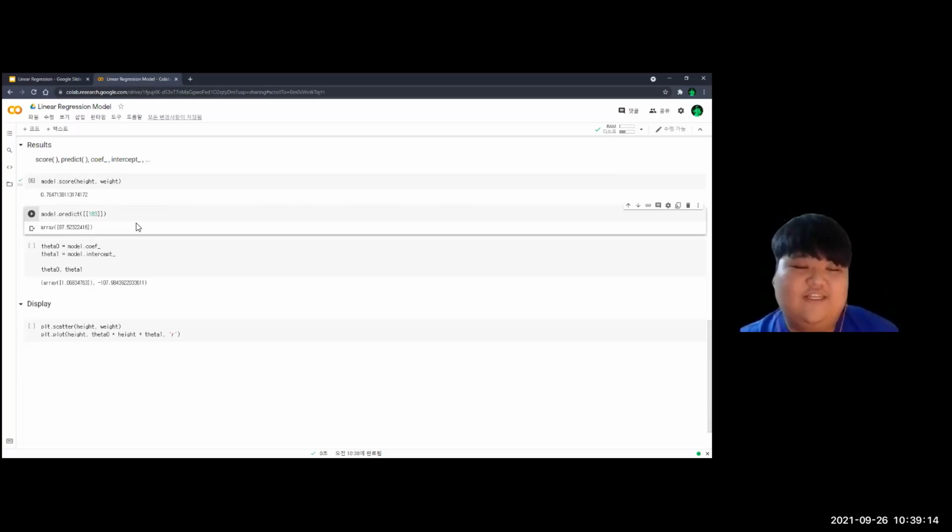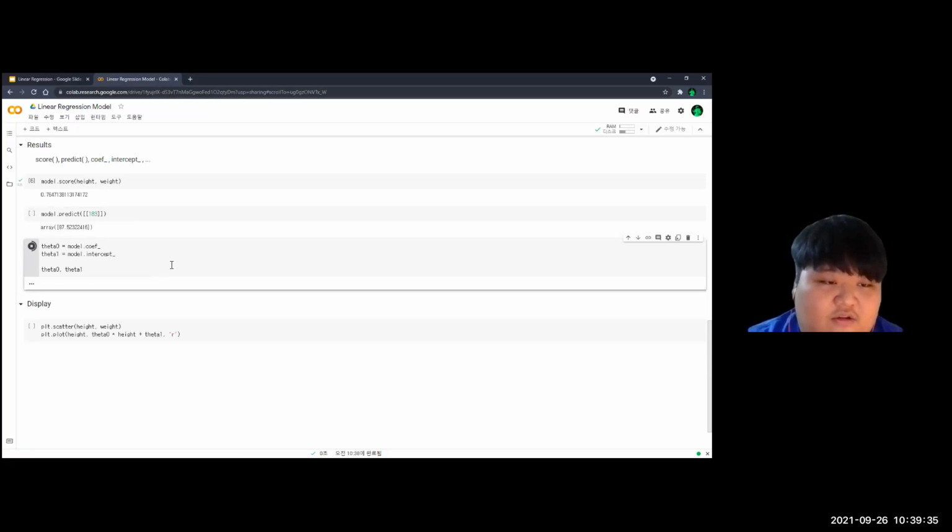So what it is saying is that for our optimized y equals mx plus b graph, for 183 of height, it is most likely to have 87.523 kilograms.